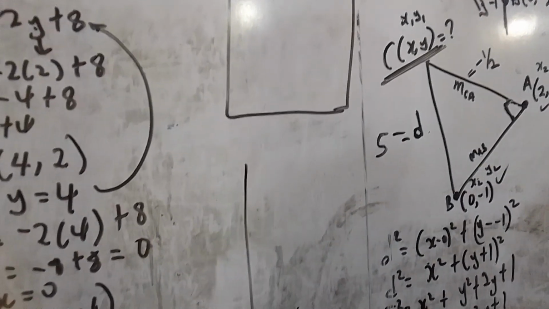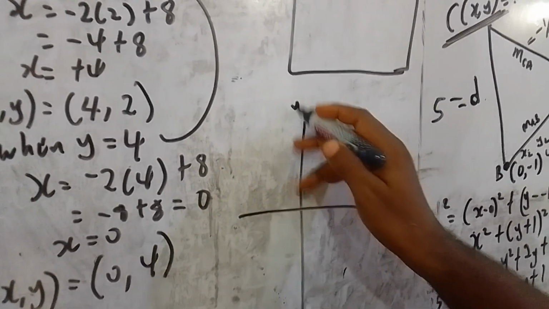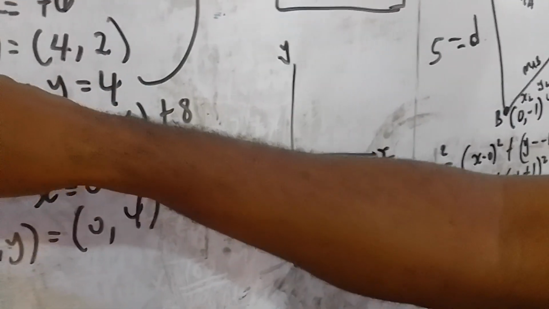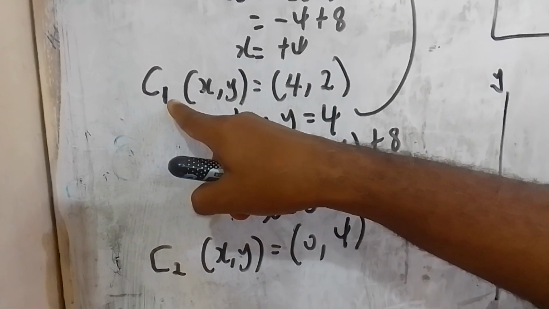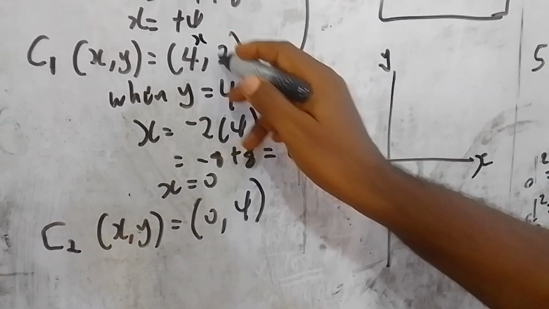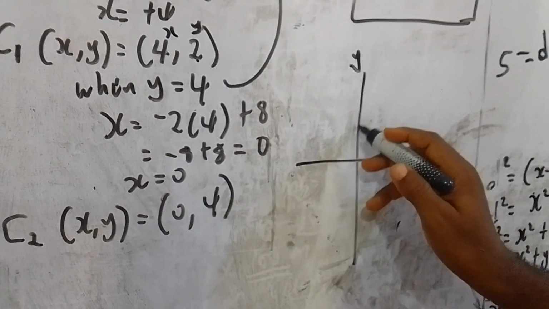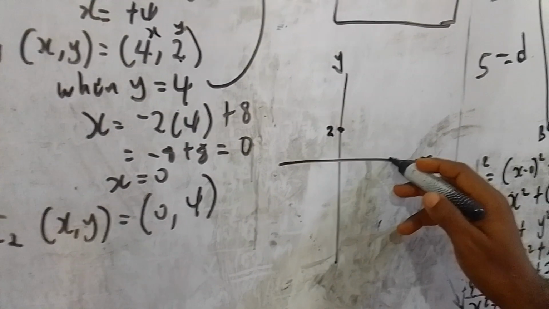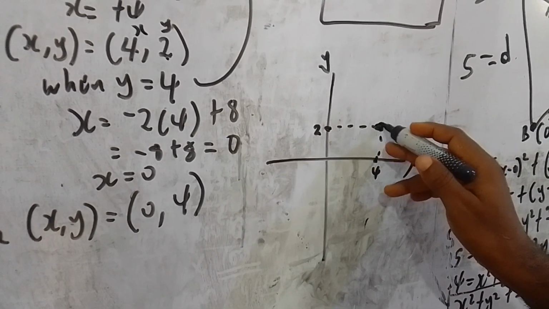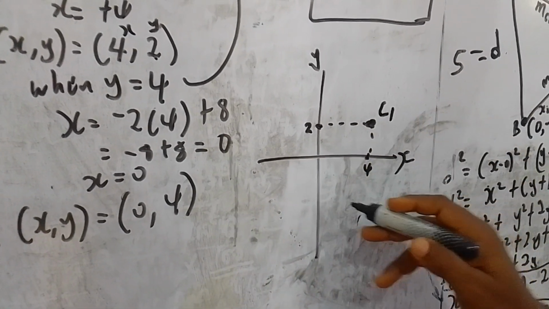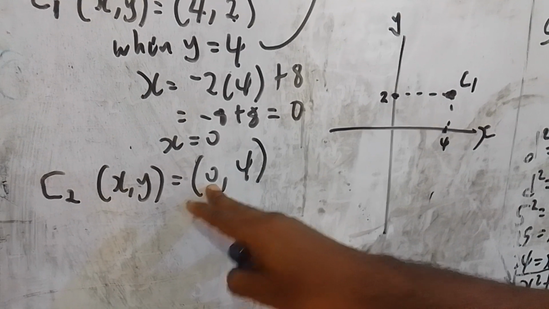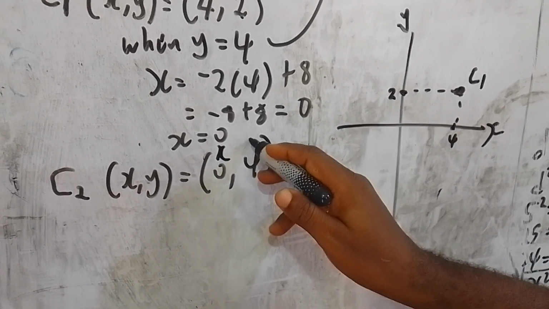So if I want to plot those coordinates, when the point is C1, the coordinate is 4, 2. So that means the value of x is 4 and the value of y is 2. When you trace these two points, we have the location for C1. Now, for this C2, x is 0 and y is 4.